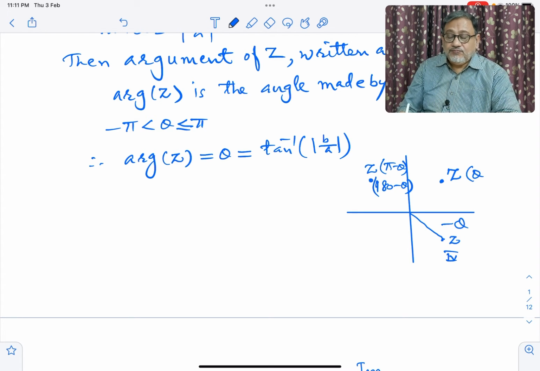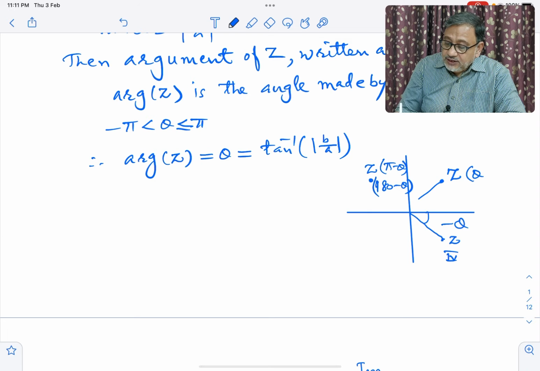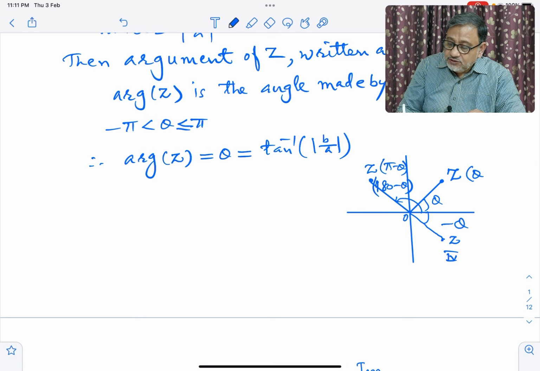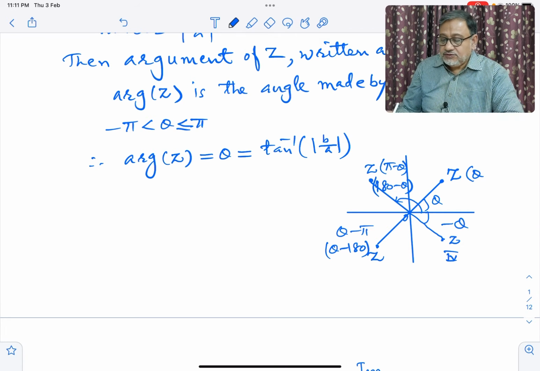So be careful, and this will be that angle. If your z is in the third quadrant, then it will be theta minus pi, or theta minus 180, because it will be a negative answer. So be careful about it.